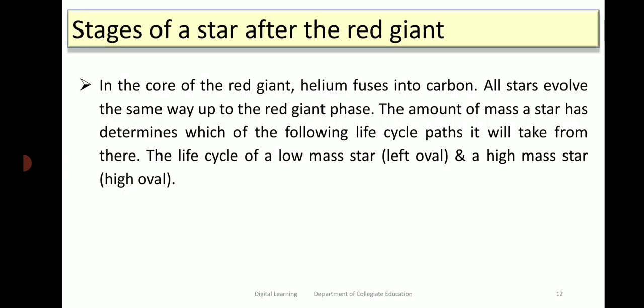The stages of a star after the red giant means what are the different stages of a star when the star becomes a red giant. In the core of the red giant, helium fuses into carbon. All stars evolve the same way up to the red giant phase.